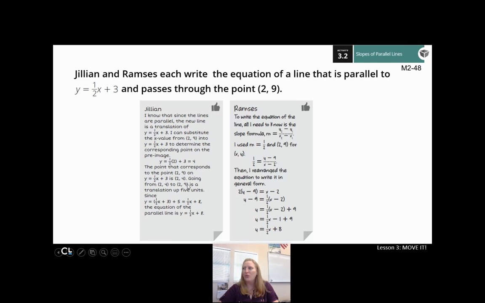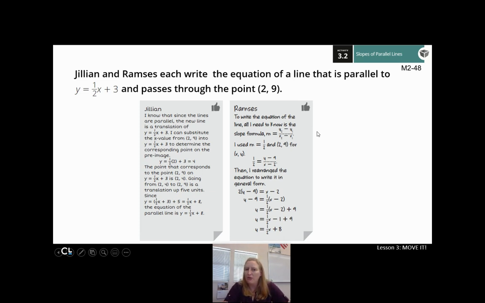Going from (2, 4) to (2, 9) is a translation up 5 units. That means she can take the original function, y equals 1/2 x plus 3, and just add 5. Then 3 plus 5 gives us 8. So the equation of the parallel line is y equals 1/2 x plus 8. There you go. She found the new equation, which is what we were asked to do.